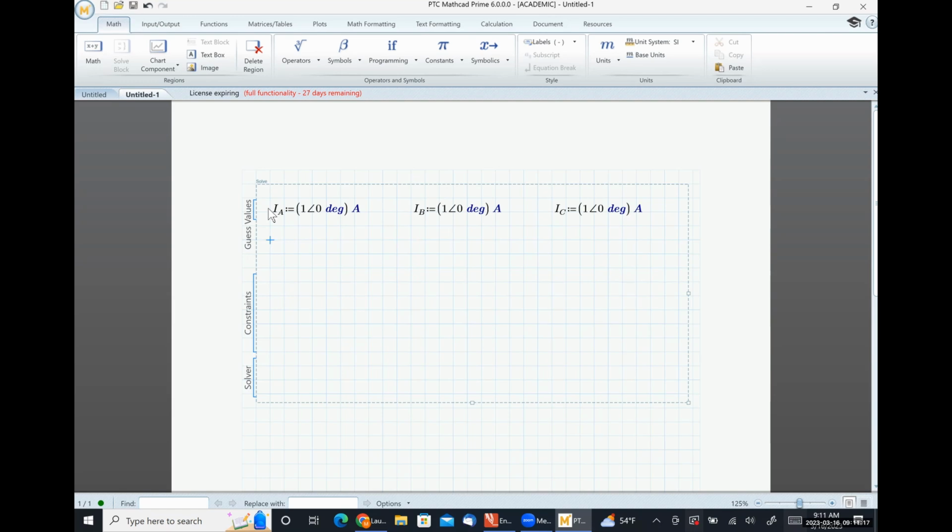Once I get those guess values put in, then I'm going to start writing my constraint equations. So I'm going to start with my first one that was 3 angle 10 degrees amps. Control equals negative IC.